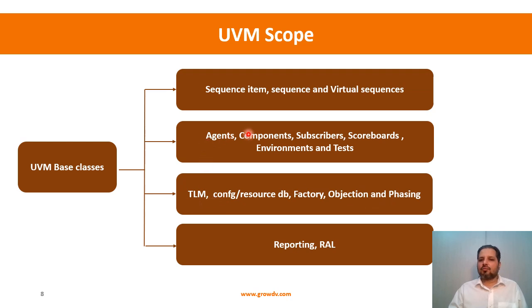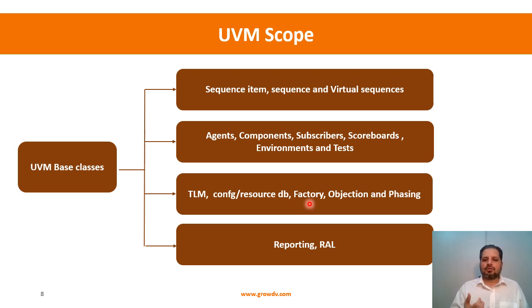Through the TLM, you connect these components, and through the config and resource DBs, they can exchange some other information. If you are generating transactions, you want to exchange them through TLM. But if you have some object that you want to exchange, like for example, we used to pass the FIFO config to all the other components, you can pass it through these DBs. Okay, and then you have factory for doing the override.